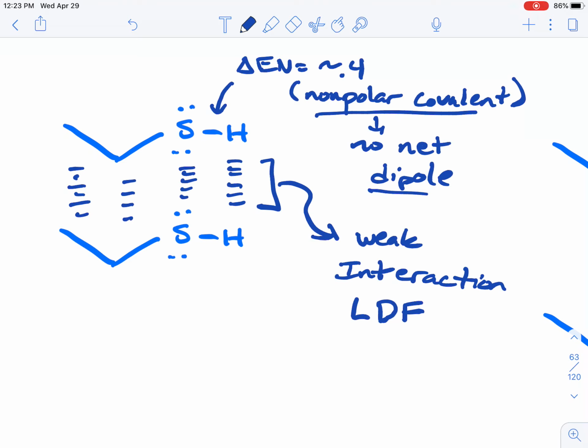Okay? And so because London dispersion forces are weaker interactions or weaker attractions between two molecules, it doesn't require a lot of energy to break them apart.